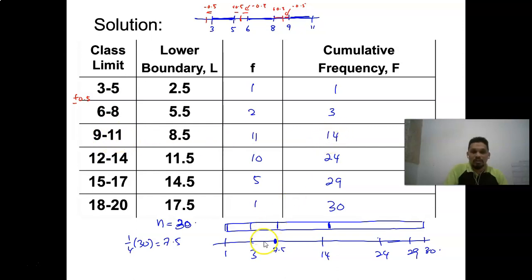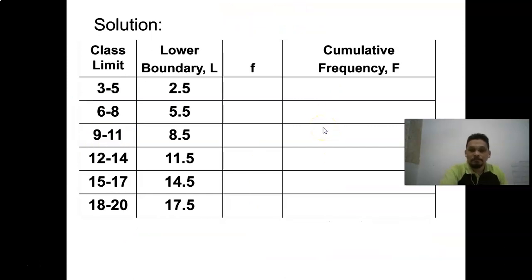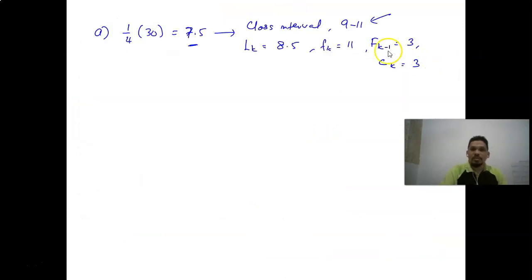So from 3 or 4 here to 14, it lies in the range of this class, 9 to 11. Okay, so that's why we choose this class of 9 to 11. So the lower boundary of the class is 8.5, from 9 minus 0.5 equal to 8.5.